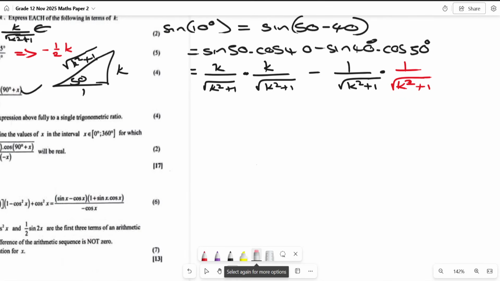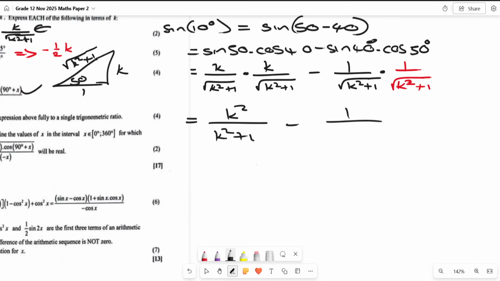Now let's just remove this. And what do we get now, guys? We are going to have k squared over k squared plus 1 minus 1 over k squared plus 1. How would you subtract this? Don't even stress.